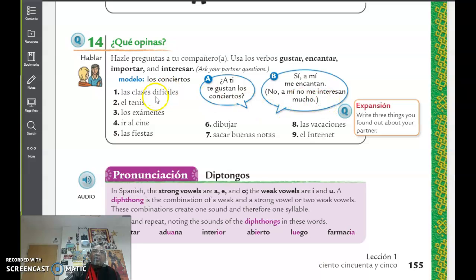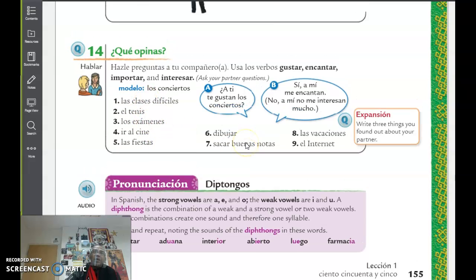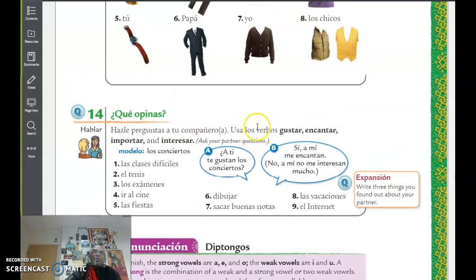Okay? So you're going to ask 9 questions, okay? With 9 answers. That's all. ¿A ti te gustan las clases difíciles? No, a mí no me gustan las clases difíciles. And then you go with each one. For each one of them, you ask a question and you answer, okay? So that's the activities for today.